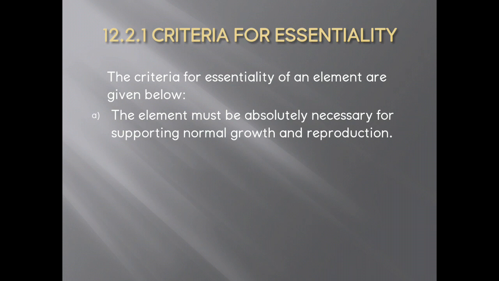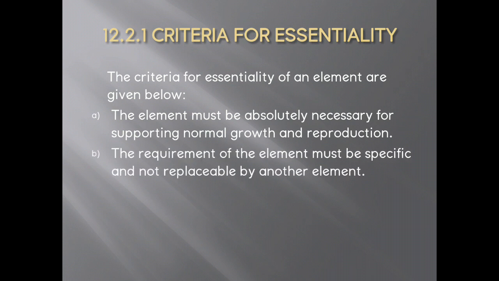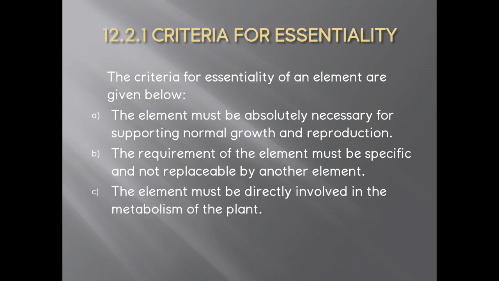That means, in the absence of these elements, plants do not complete their life cycle. The requirement of the element must be specific and not replaceable by another element. In other words, the deficiency of any element cannot be made up by supplying some other element. So, specificity is very important here. The third point says that the element must be directly involved in the metabolism of the plant.